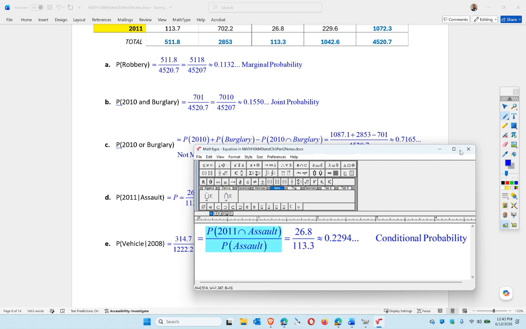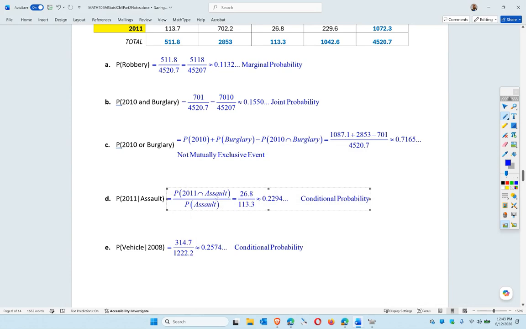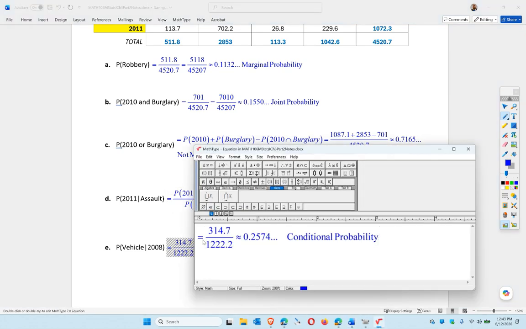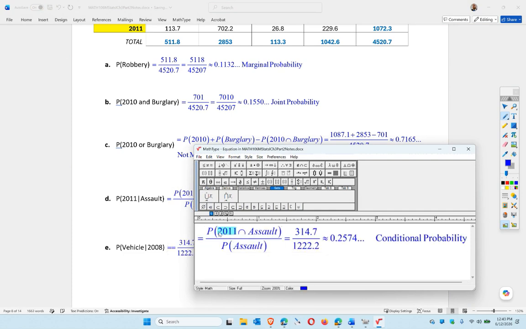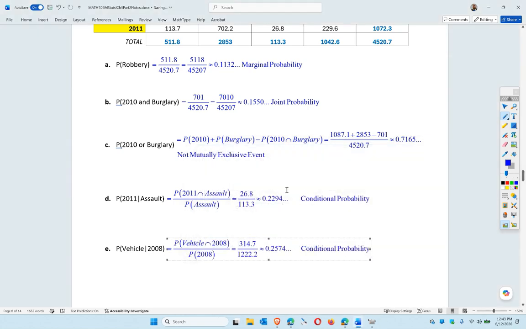Yeah, right? Okay. And again, I cheated, I didn't do the full fractions of those. So over here, right, equals, put that in there, right? And this will be vehicle. It's probably vehicle theft is my guess. And 2008. And 2008. Okay. And again, I cheated. I didn't do the full fractions for both to kind of get right to the answer. Okay.